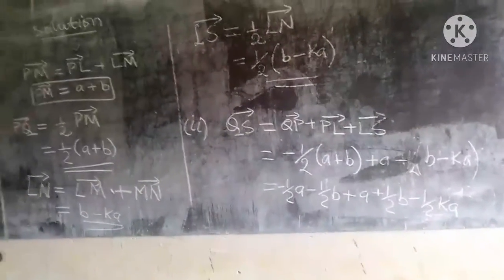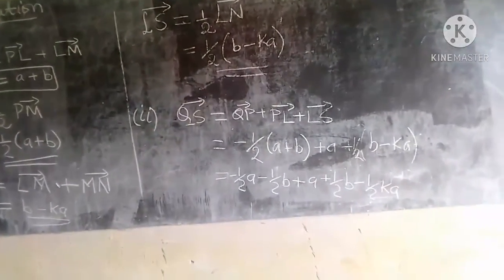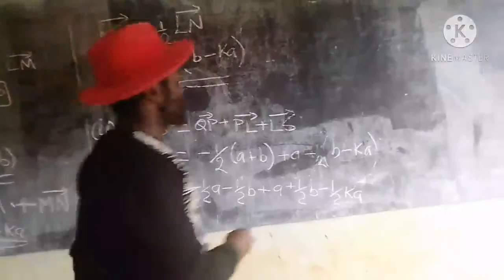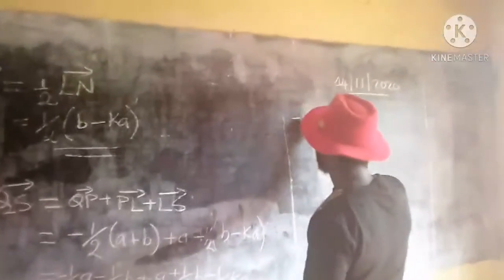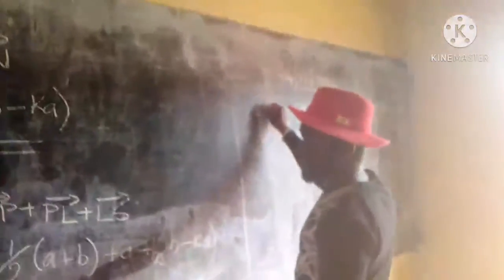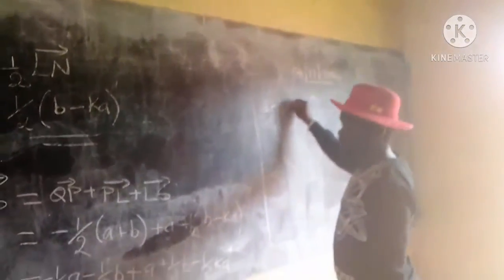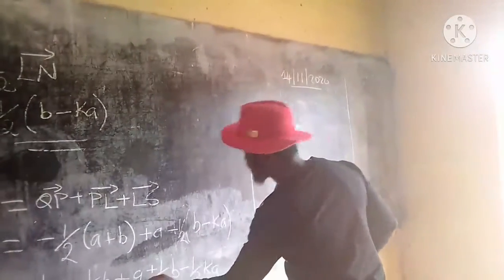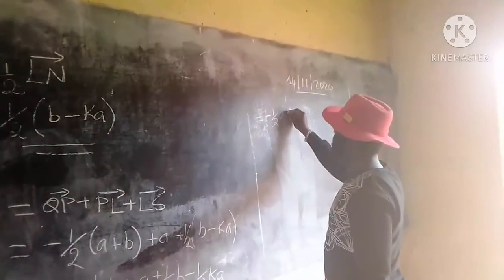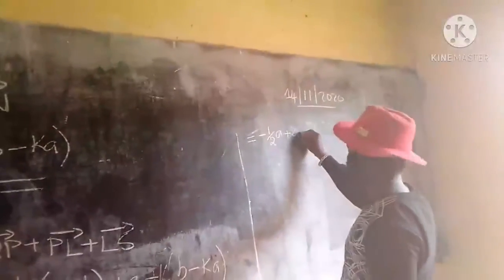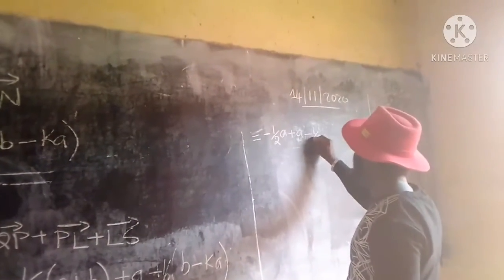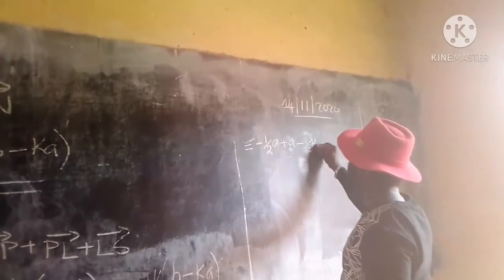It is left now for you to collect like terms together. We have minus half A. Another like term is plus A. Another one is minus half KA.